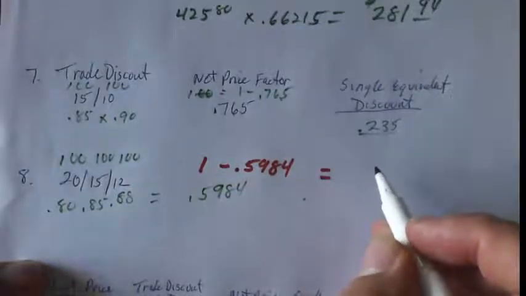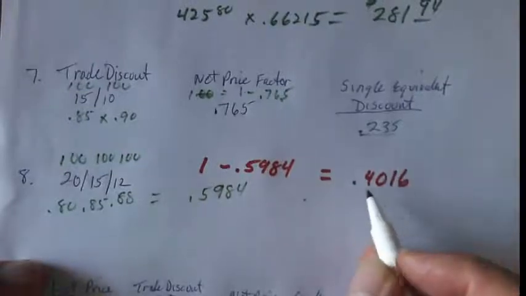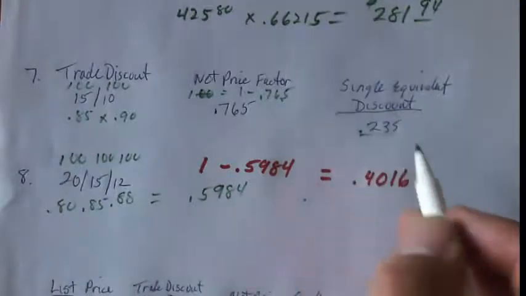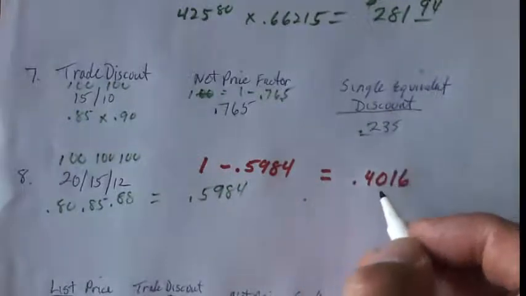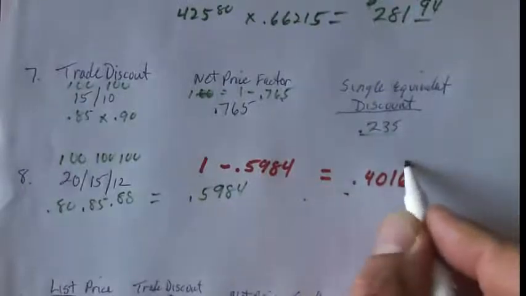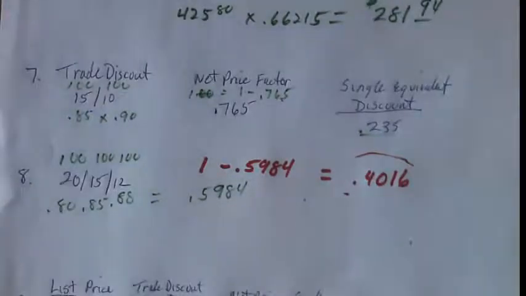Okay? And we're going to get 0.4016. Okay, just calculator, not a problem. And that's going to be your single equivalent discount. So then they could find what the cost is by multiplying this number times your list price to get what they're going to sell it to the customer for.